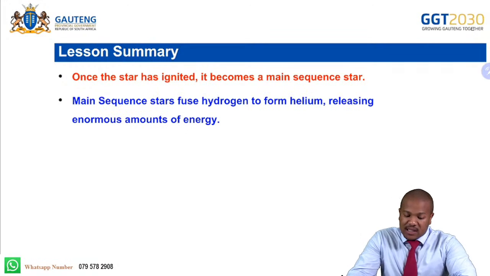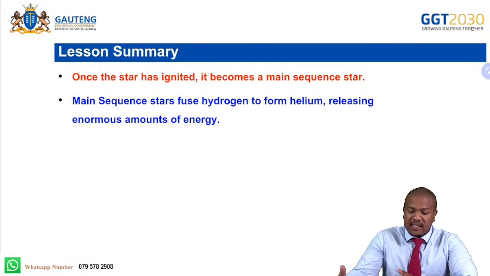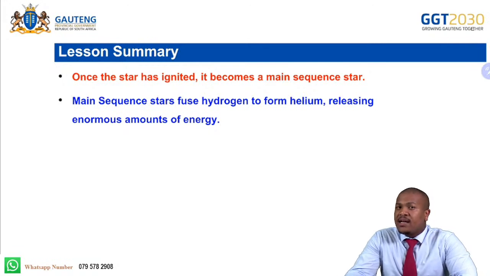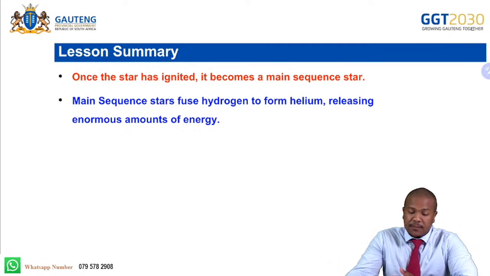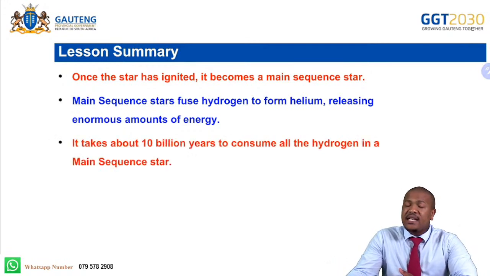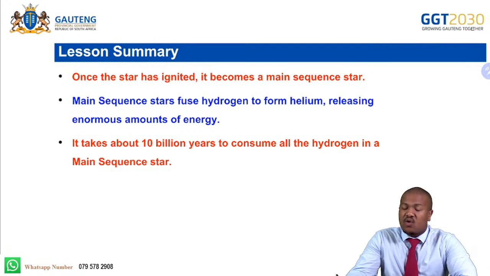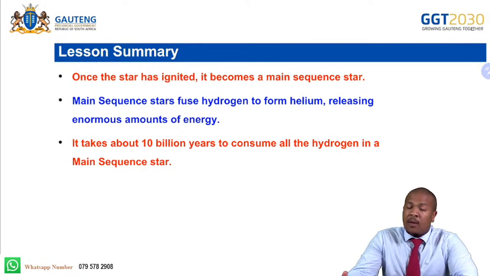The main sequence stars fuse hydrogen to form helium, releasing enormous amounts of energy. This is due to nuclear fusion taking place in the core or the center of the star. It takes about 10 billion years to consume all the hydrogen in a main sequence star.